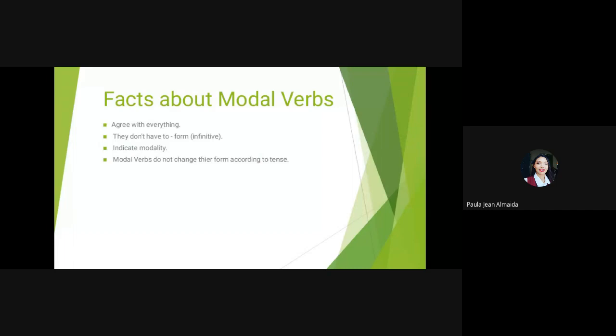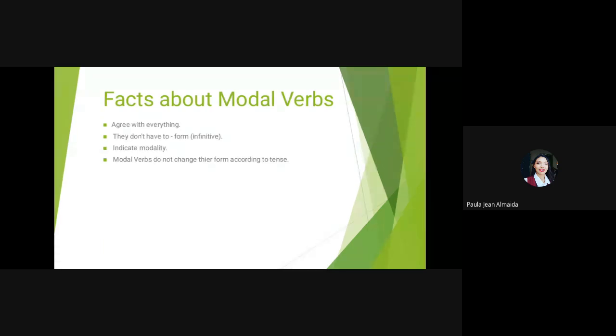For example, I talk and Diane talks. So any subject and any sentence is going to take the modal verbs the same. Like I can do it, she can do it, they can do it, you can do it, and we can do it.